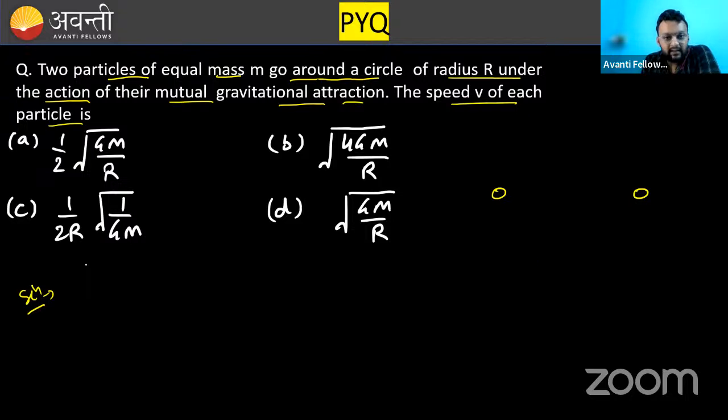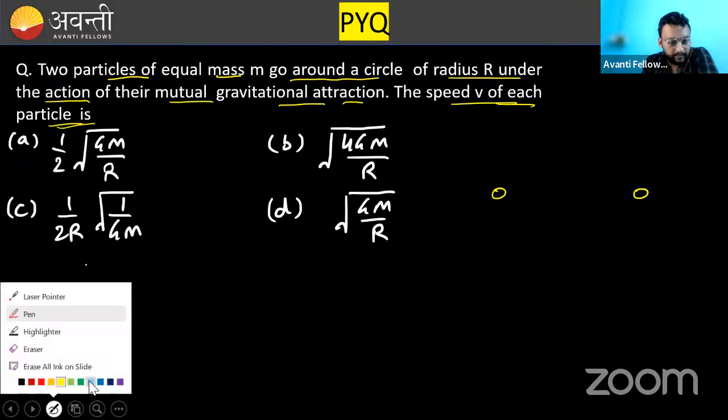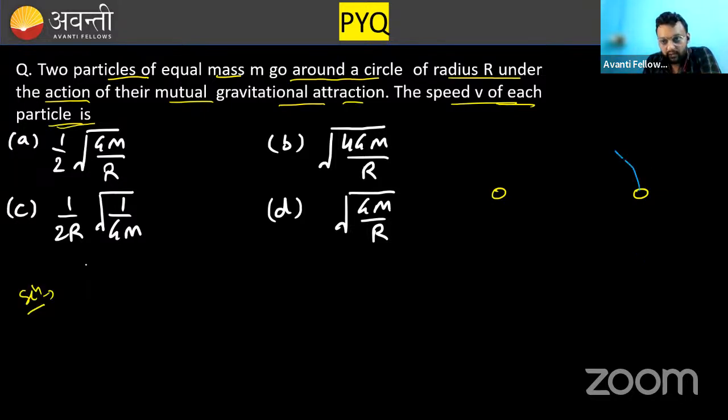They are saying they go around a circle of radius r, and the question is asking for the speed v of each particle. That means both are revolving in a circular path like this. If the path is not exactly circular, you can assume it to be circular.